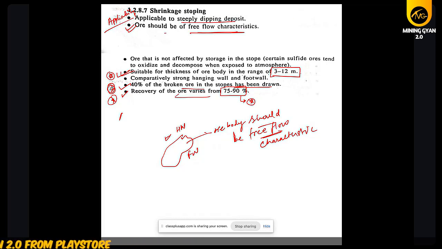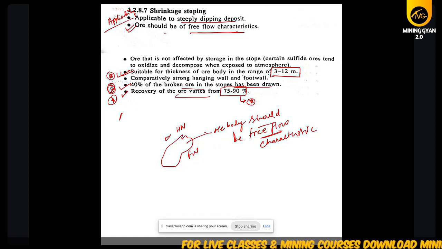Only 4 to 5 or 6 points, but you should remember these points clearly and revise multiple times, because they can ask directly from them in the options.